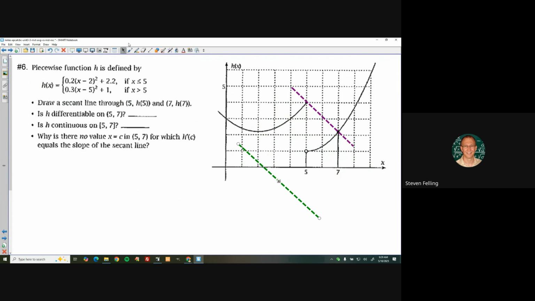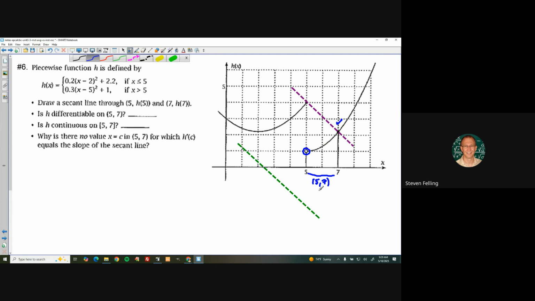Okay, is it true that h is differentiable from 5 to 7? Well, on the interval of interest, it's not differentiable here, but it is differentiable here, which means it's true that this is differentiable from 5 to 7, not including the ends. But is the function continuous on that?